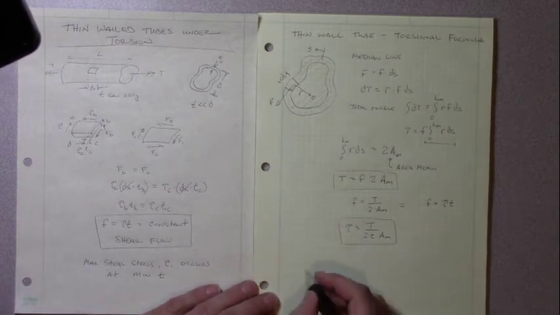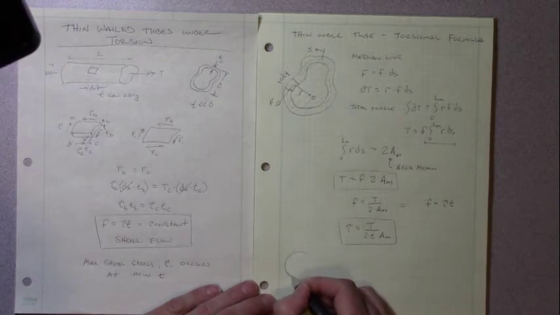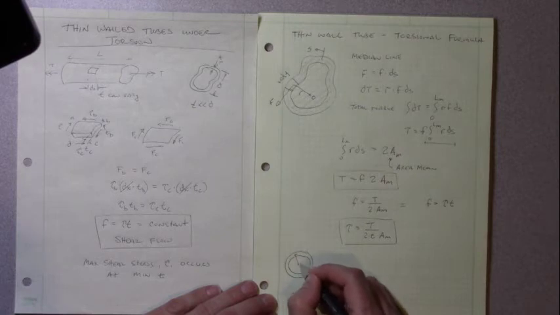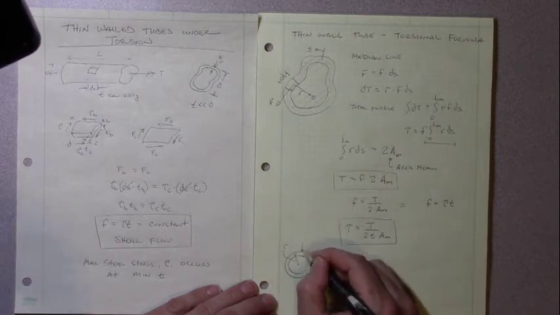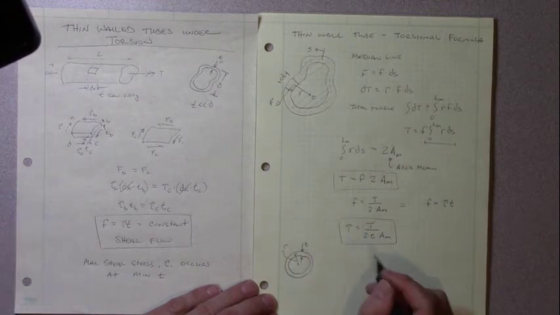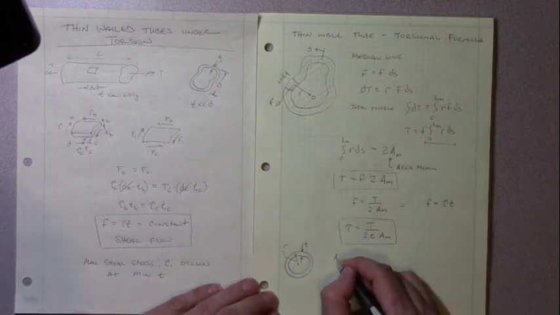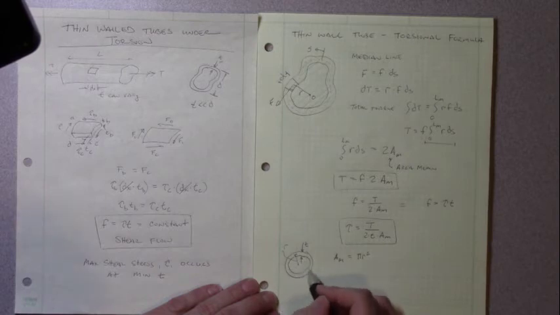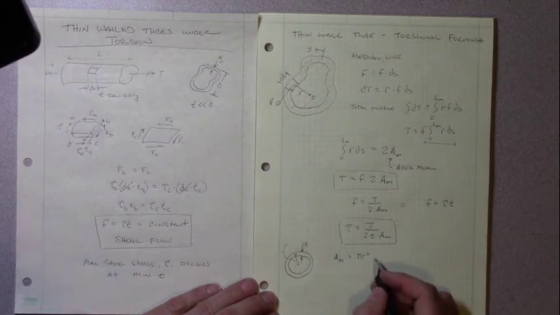So let's take a quick look at one example. This one we already know, but if we look at just a circle, let's say the circle has an average radius of r, and it has a thickness of t. Our area mean is going to be equal to pi r squared. It's just the cross-sectional area equation for that circle.